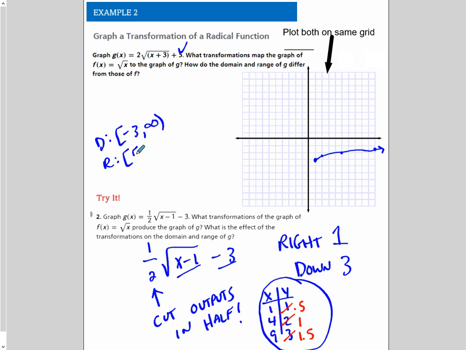For the try it, since it's right 1, down 3, the domain starts here at 1 for x and goes to the right, so 1 to infinity. And since the graph shifted down 3, the y values reach a minimum of -3, and they go up to infinity.